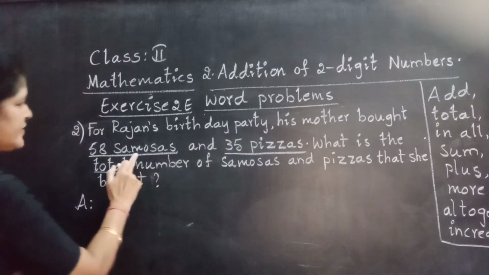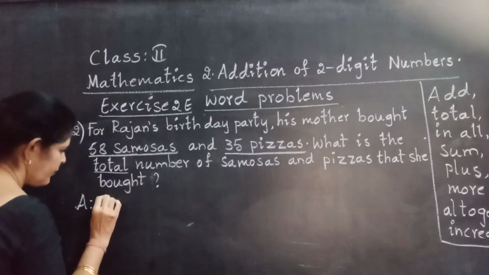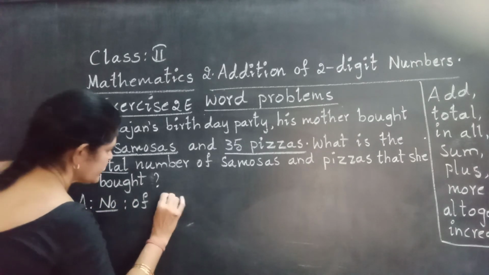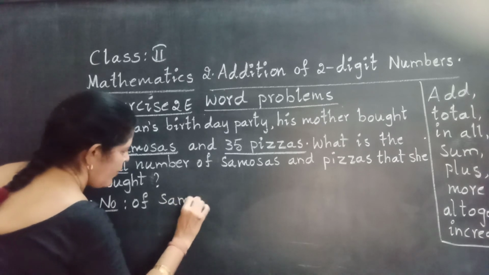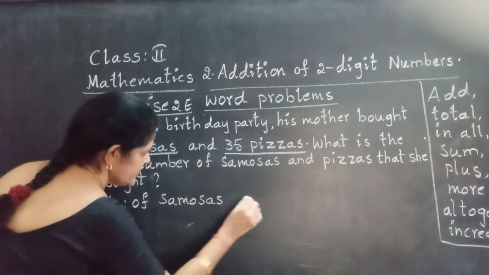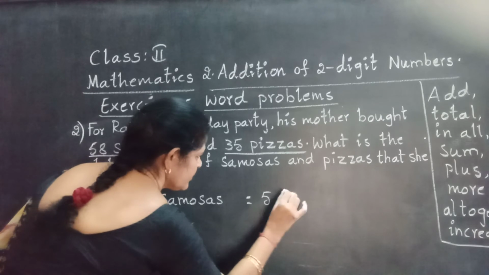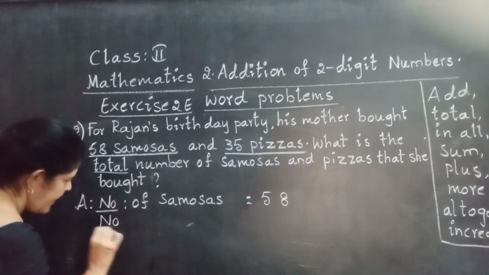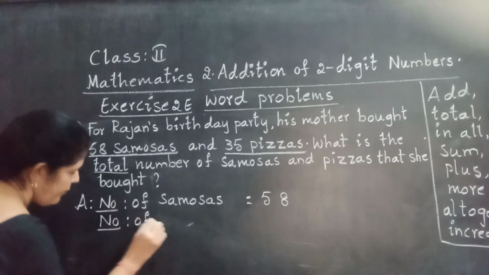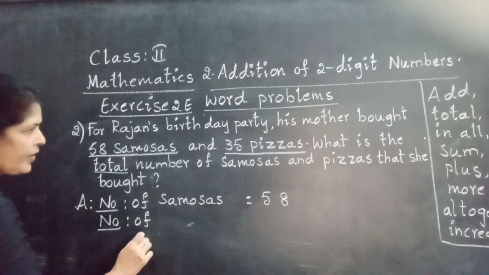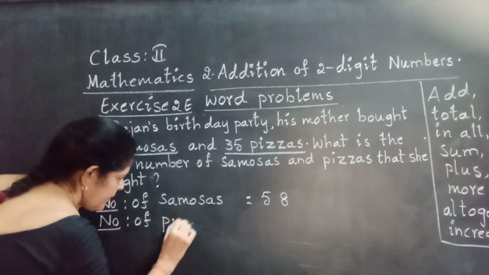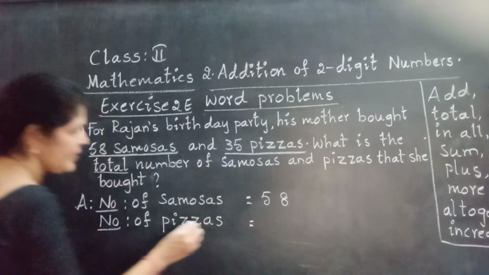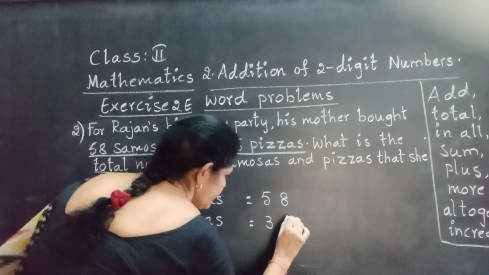Come on, what is the first food item? Samosas. Number of samosas. S-A-M-O-S-A-S, 58. Second one, pizzas. This is read as number of, short form, number of pizzas. Pizzas. How many pizzas? 35.